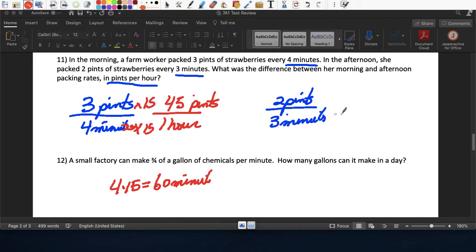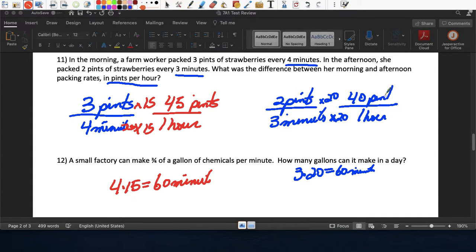In the afternoon, again, we're going to change this to 1 hour. 3 minutes, well, how many 3-minute groups are in 1 hour? What do I multiply 3 minutes by to give me 1 hour? Well, 3 minutes times 20, because 3 times 20 equals 60, and 60 minutes is the same thing as 1 hour. So times 20, times 20. 2 times 20 on top gives me 40 pints.